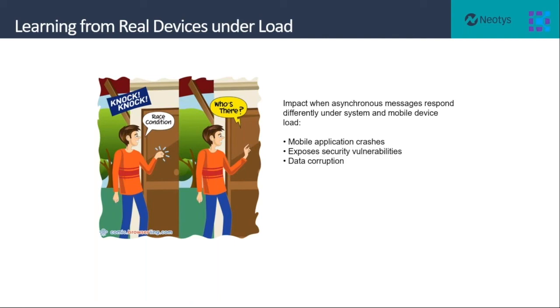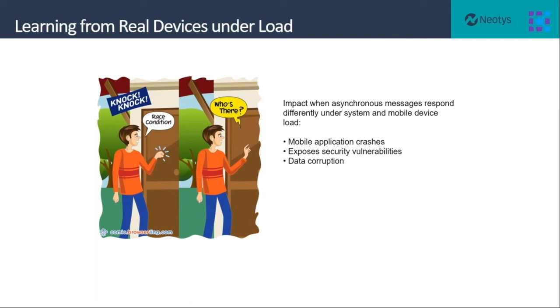You anticipate packet A and packet B to come back in that order, but when the system is under load or you have a slow network, they may come back in the wrong order and cause adverse conditions in your app. I'm going to talk through an example that actually happened yesterday with one of our customers and how we helped them solve their problem.